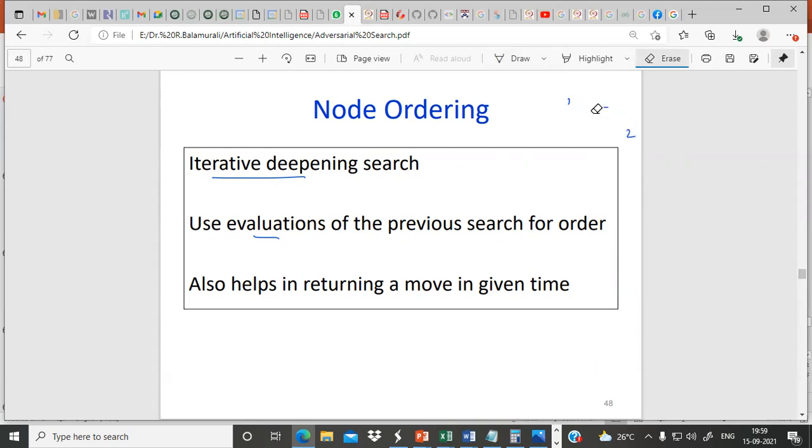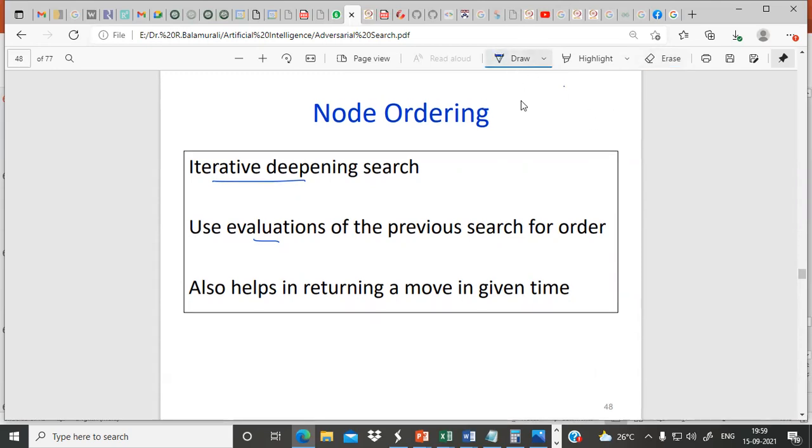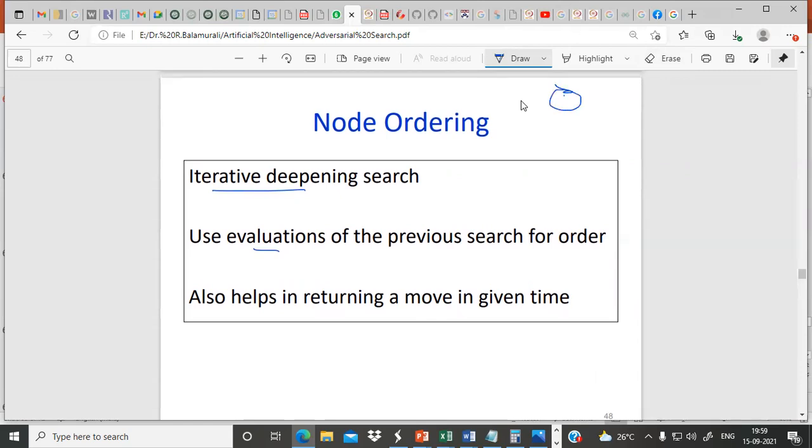Say how iterative deepening depth first search works. It checks whether the initial state itself is the goal state or not. No, it's not the goal state. So then increase the depth. Depth becomes 1. Now explore all its children. Exploring here means alpha beta pruning.